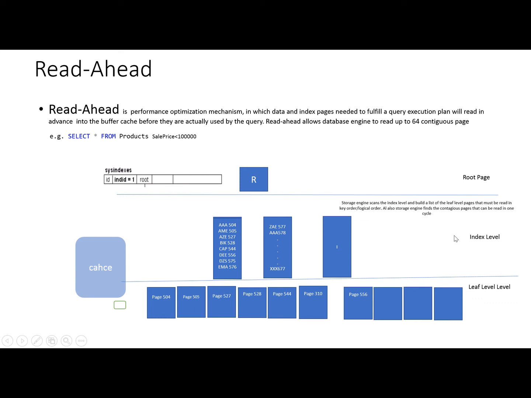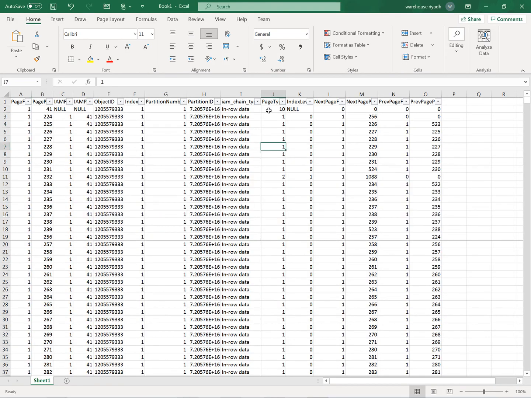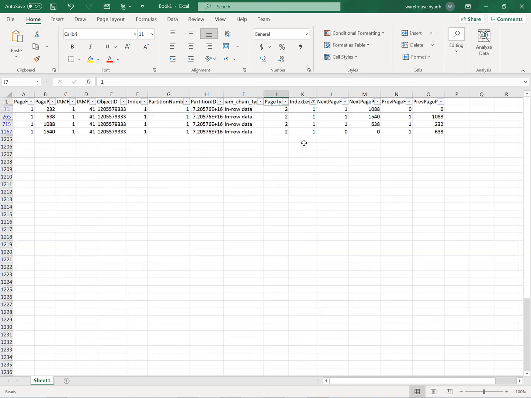So the storage engine first does index page scanning on the index level. If I filter this one level, which is the intermediate level, I can find the pages assigned to this product table index structure: 1, 2, 3, 4 pages are assigned at this level.